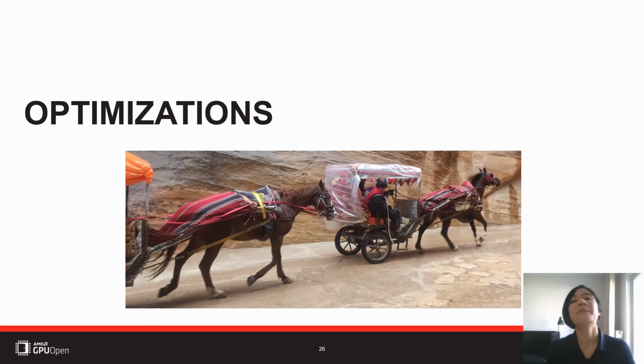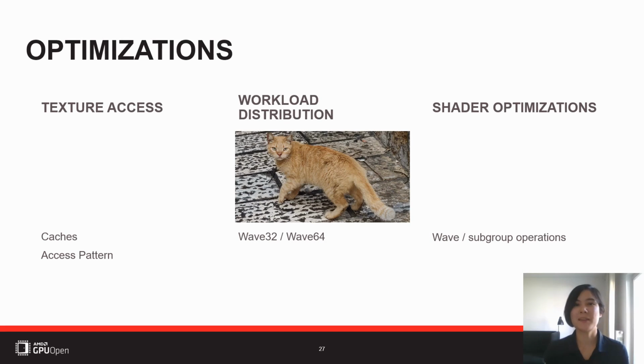Okay, now let's proceed to the second part of my talk, which is about optimizations. In particular, I will talk about texture access. First a quick overview about the caches and some topics that have changed about them, and then specifically about texture access patterns. The second topic will be about workload and data distribution.